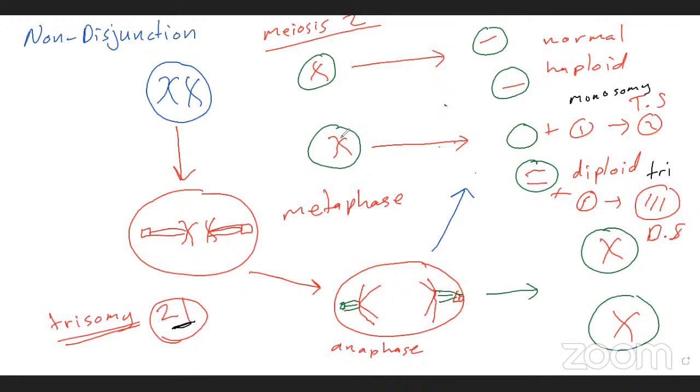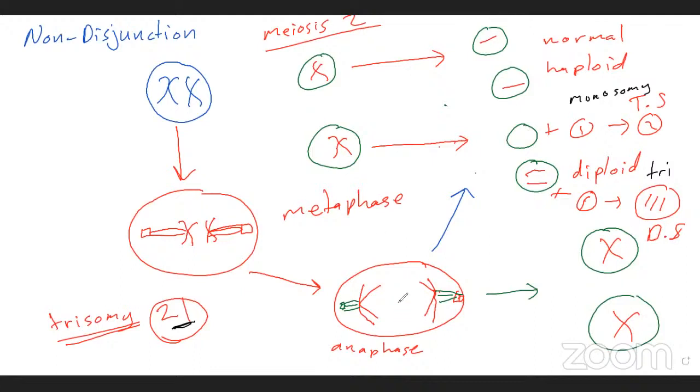If you're showing it at meiosis 2, this cell would separate to give you 2 diploids, and then in meiosis II, one of them will not separate. So one cell will be diploid and the next one will be empty. That is non-disjunction. It can happen either at meiosis I or meiosis II.